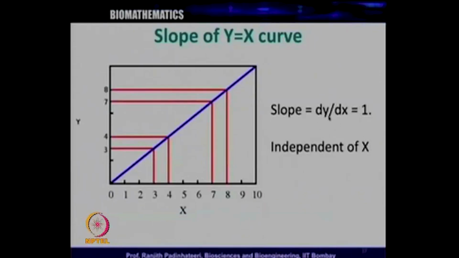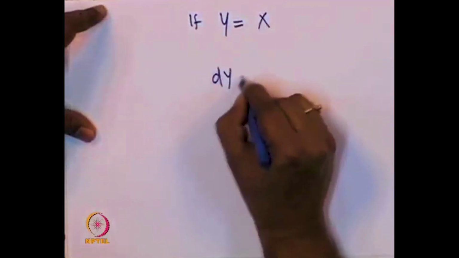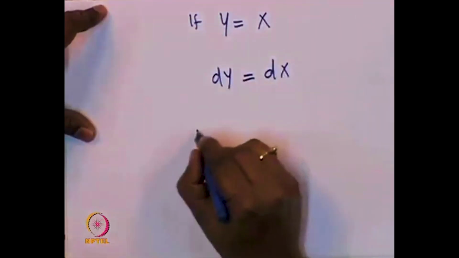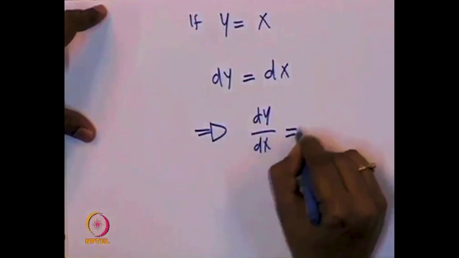Take it as an assignment: plot a y equal to x curve on a graph sheet, take some small interval dx and see what the corresponding dy interval is, and you will find that they are equal, dy equal to dx. In other words, dy by dx is 1.